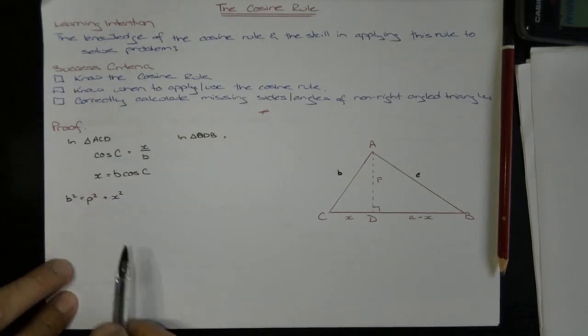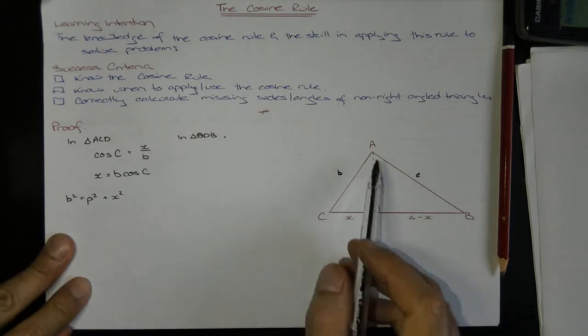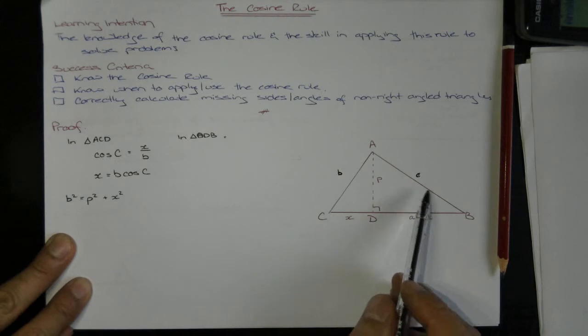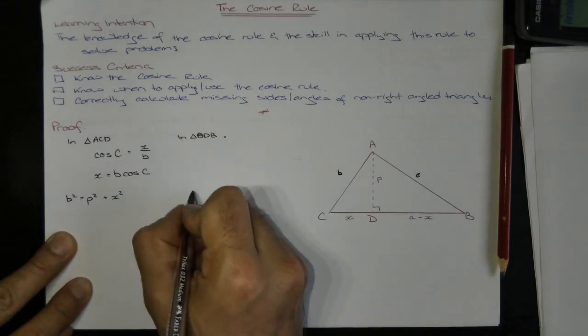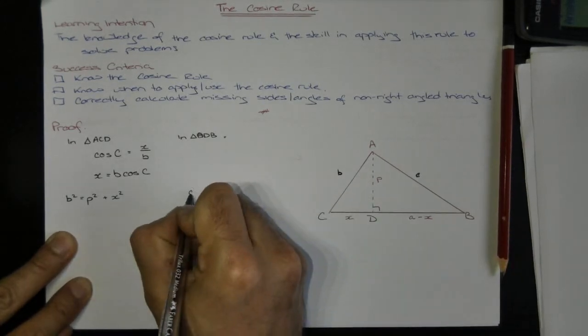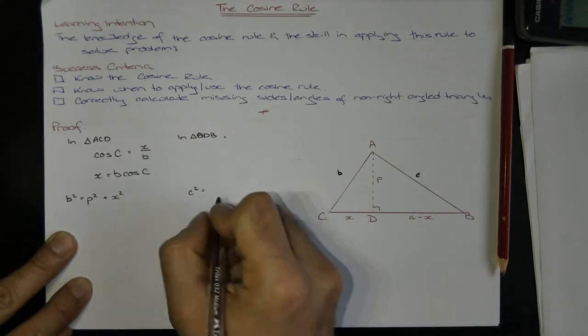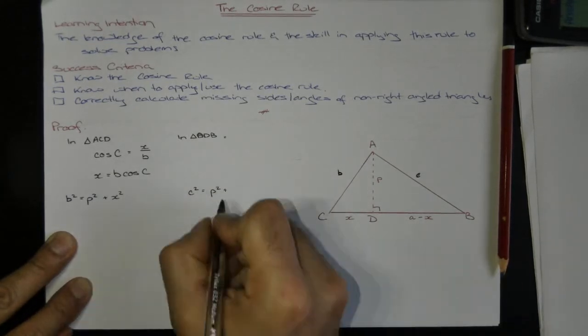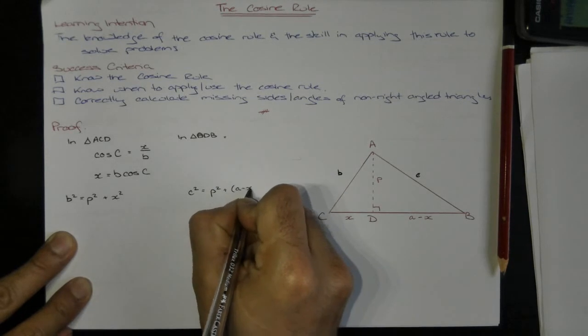Now, using the other triangle ADB and looking at this relationship, the hypotenuse here will be c squared, and that's going to be equal to p squared plus a minus x squared.